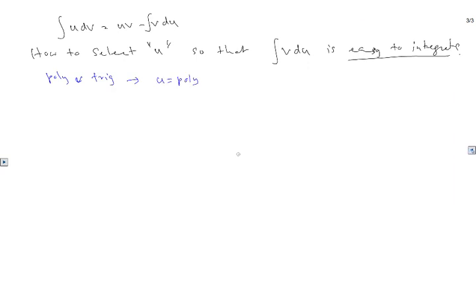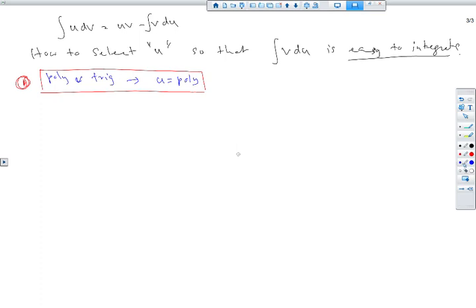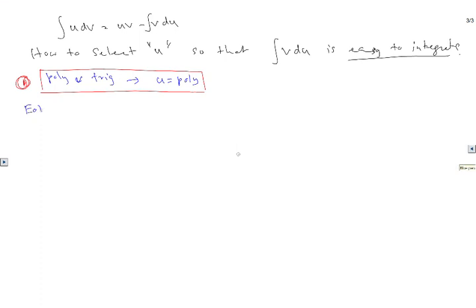That's the first trick. When you have polynomials and trig functions, pick the polynomial as u. So let's do one example like that. Let's integrate x sine x dx.